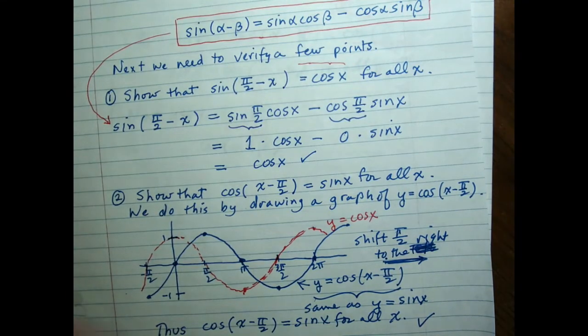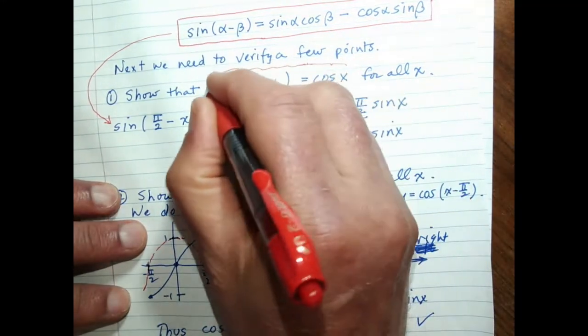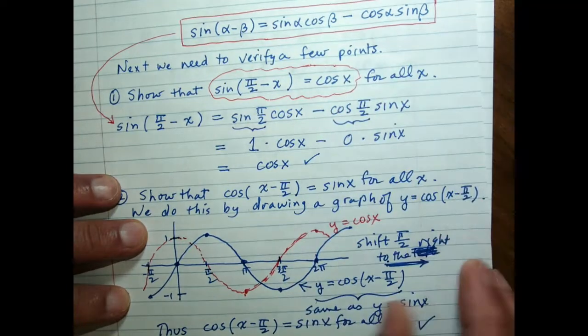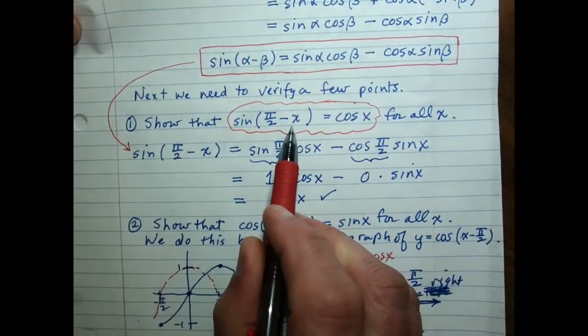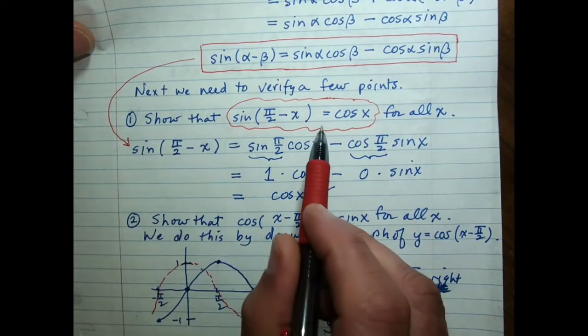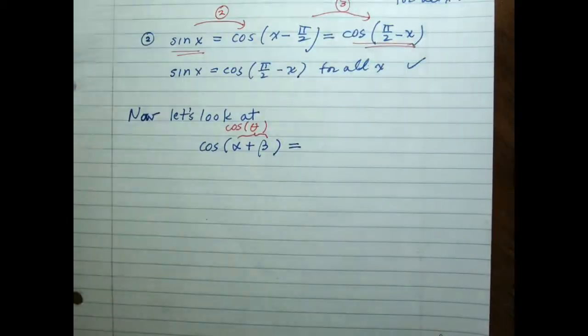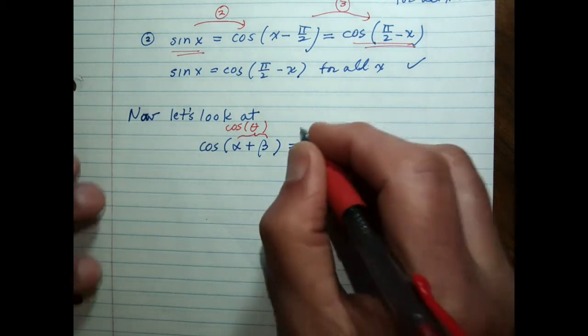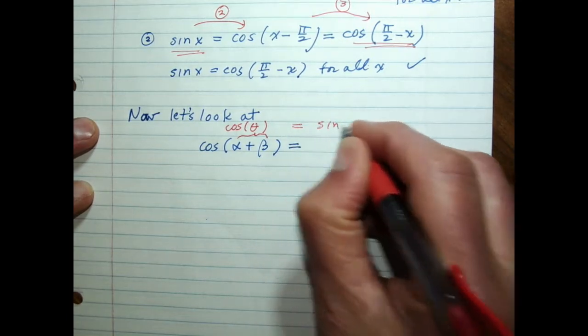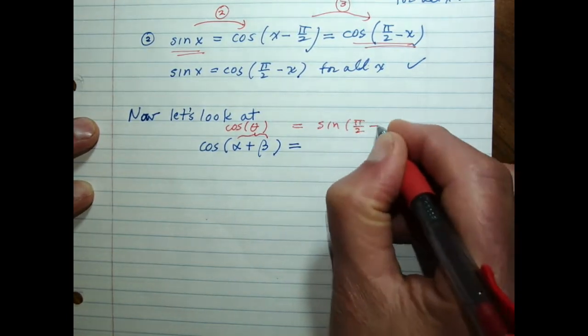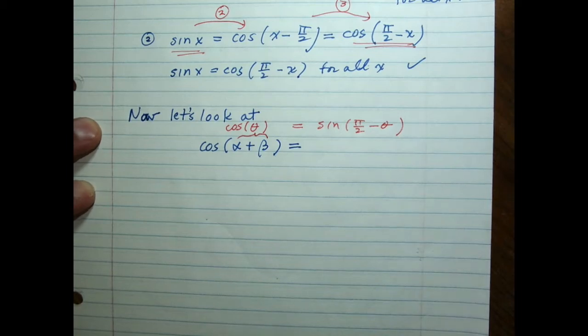I'm coming back to my first page because we kind of forgot about that result. I'm plucking off my result from the first stage of these sub-steps we've gone through. So cosine of theta, or cosine of x, is equal to sine of pi over 2 minus theta, for all theta.